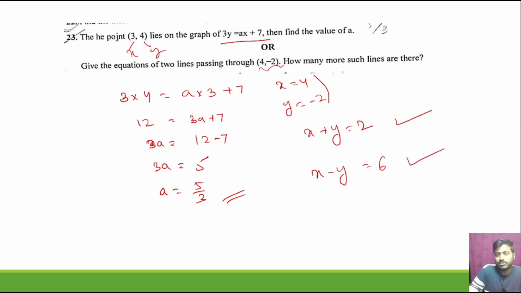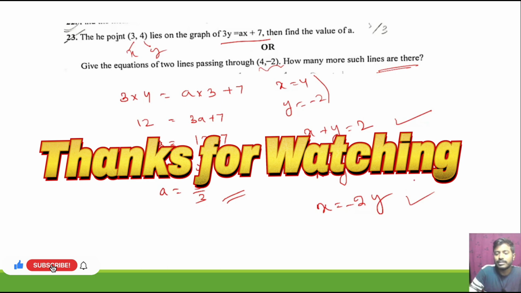This is another equation. Or you can write x equal to minus 2y. Put the values and it is satisfied. So it is also an equation. So how many more such lines are there? There are infinite or many lines.